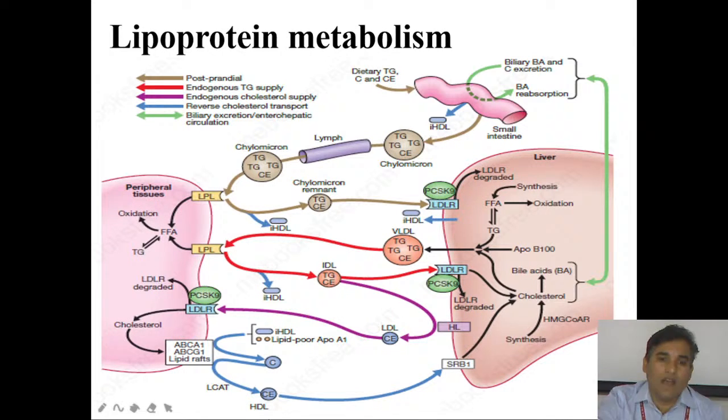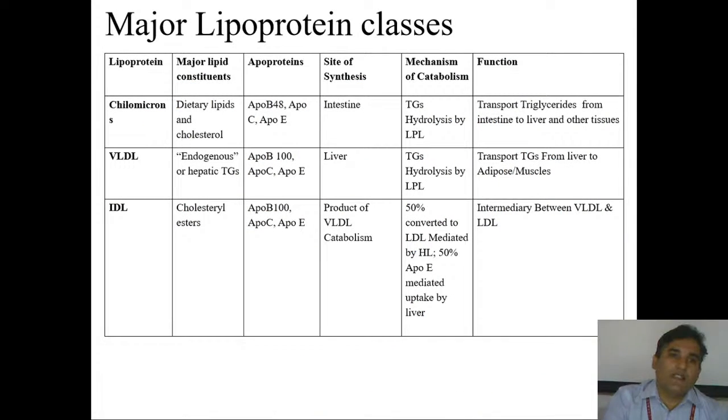And it is the HDL which acts as peripheral transport of the cholesterol to the liver. This is the whole story of lipoprotein metabolism, and we are now discussing the individual lipoproteins.